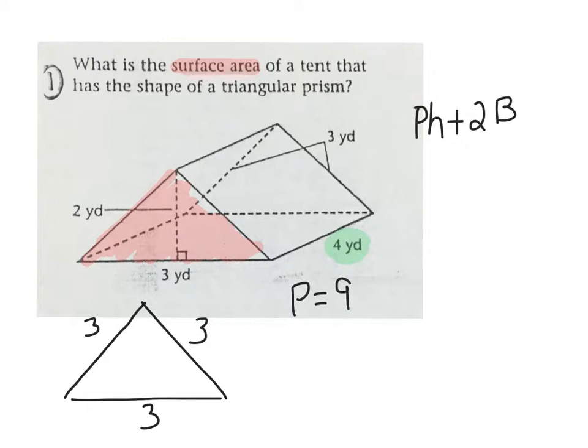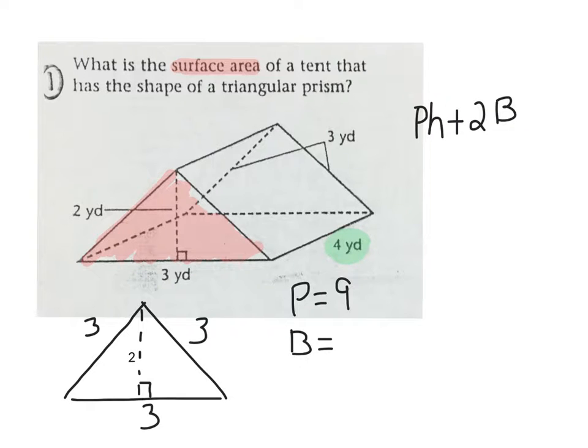Okay, so now I need the height. Okay, I can go ahead, well, let's just do, I like to do the area of the base next. Area of the base. Okay, so now this is where I am going to need that measurement that's inside of there. Okay, and that measurement that's inside, when I look at my formula, is the 2.